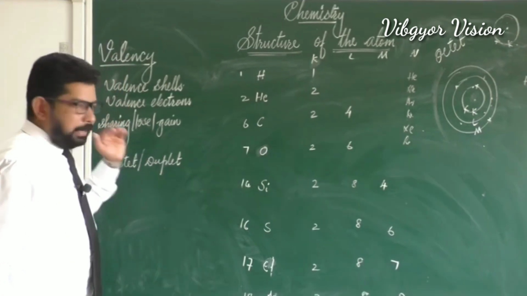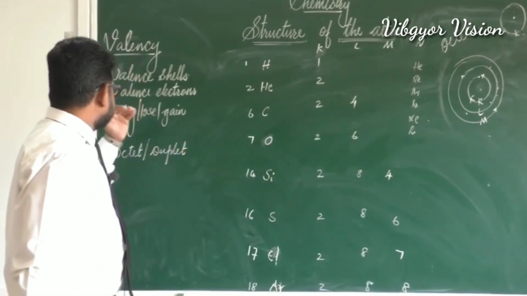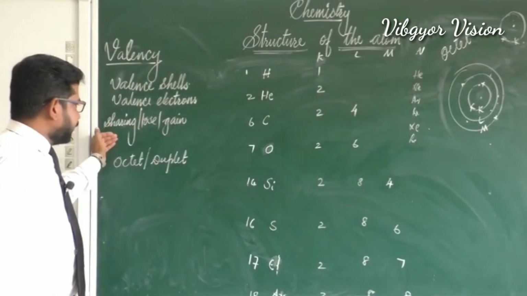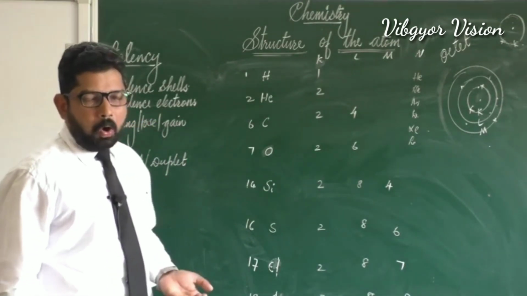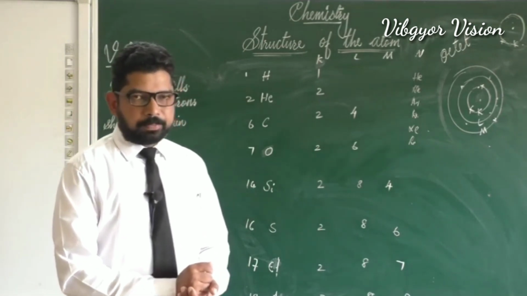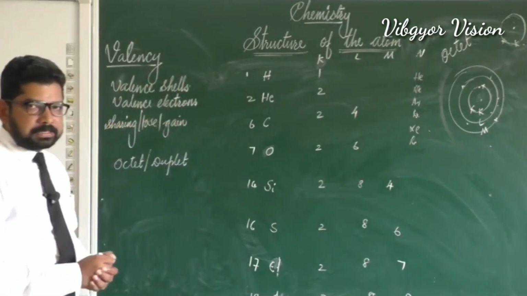In terms of electrons, valency is the number of electrons shared, lost or gained to get the octet configuration. Through an example you will understand it clearly.